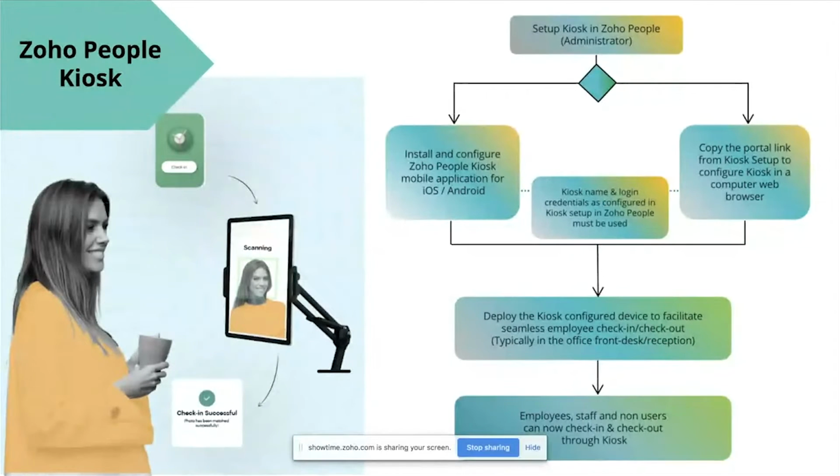This is very useful, because maybe if you're creating hubs for your offices, or managing multiple locations or multiple branches for your organization, you can simply install this device and deploy an attendance management system easily. It's again very cost effective, and you can manage attendance from one Zoho People account using multiple devices. And again, it's very safe and secure, and it comes with all the accuracy of facial recognition as well.